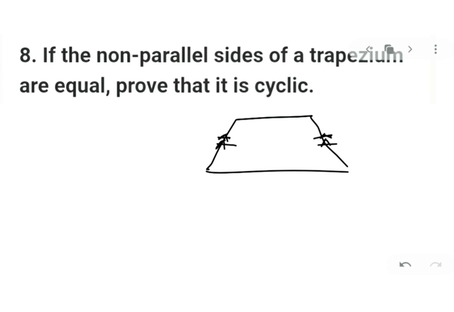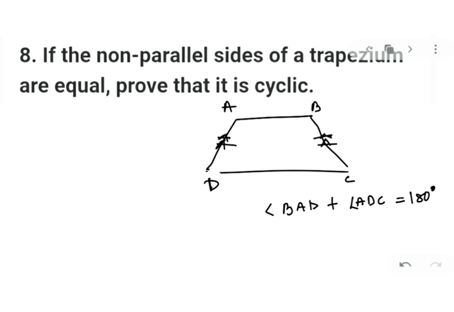So if I name this as A, B, C, D, I have to prove that angle BAD plus angle ADC should be equal to 180 degrees. If this is proved, then you can say that it is a cyclic quadrilateral. Can we do that? Then how do we have to prove it? Now that is the main point.